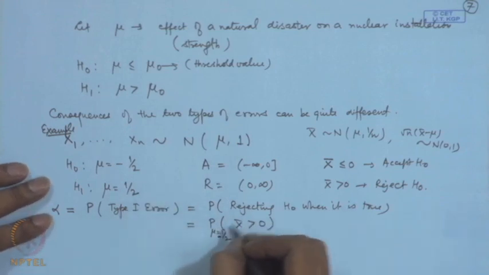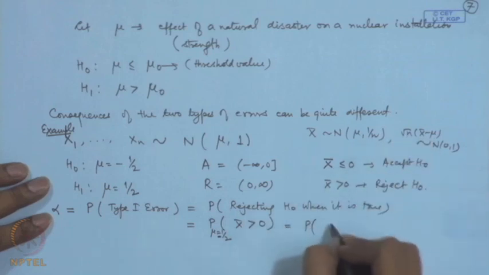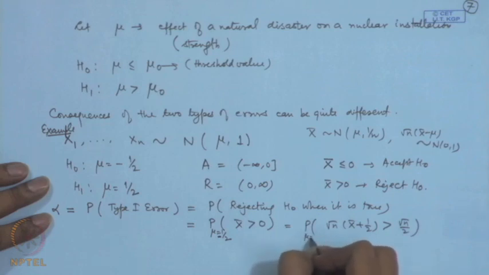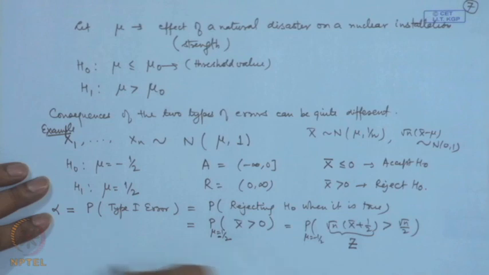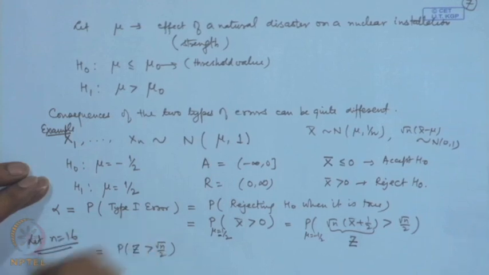So, when mu is equal to minus half, you will get root n times (x bar plus half) greater than root n by 2. Then this has a standard normal distribution. So, this is equal to the probability of z greater than root n by 2. Let us for example take say n is equal to 16.